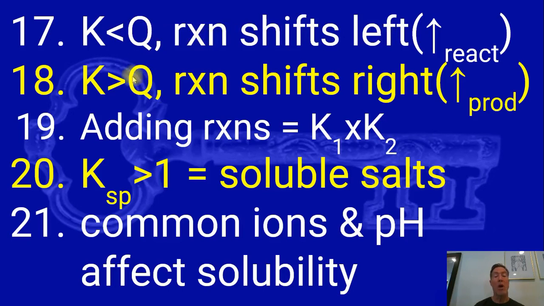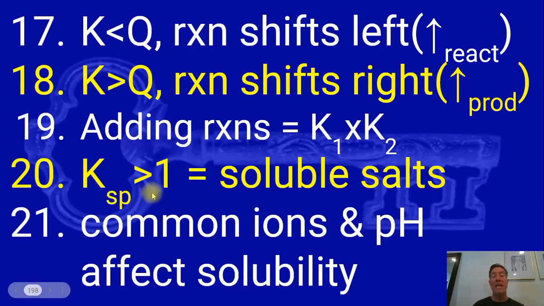If Q is much, much smaller than K, then the reaction will shift to the right. I like to write K before Q because then the arrow points in the direction of the shift. Right? If Q is bigger than K, the reaction is going to shift toward reactants. If K is bigger than Q, the system will shift to the right towards products.